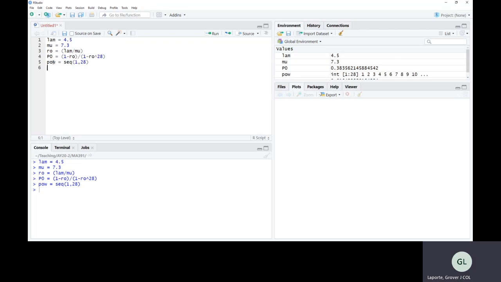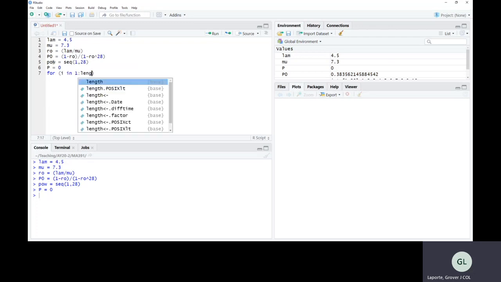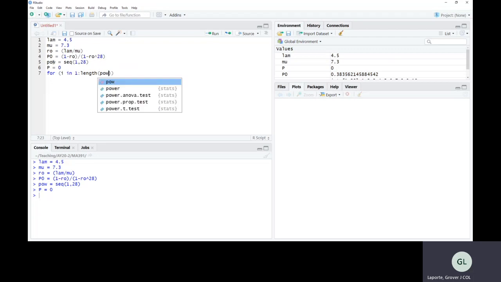Yes, that looks good. I'm going to set P equal to 0. And then let's do a for loop. For i in 1 through length of power. We want P sub i.